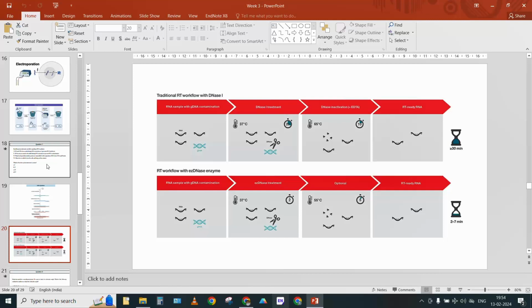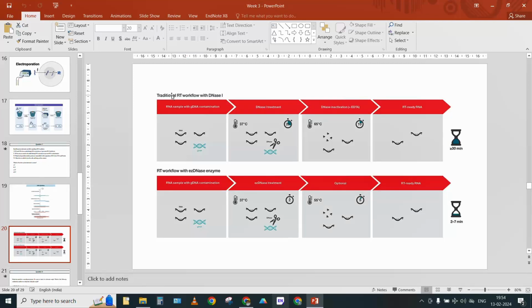When analyzing RNA-based experiments such as gene expression studies or quantitative PCR (qPCR), DNA contamination may arise from genomic DNA released during cell lysis or from incomplete removal of the genomic DNA.